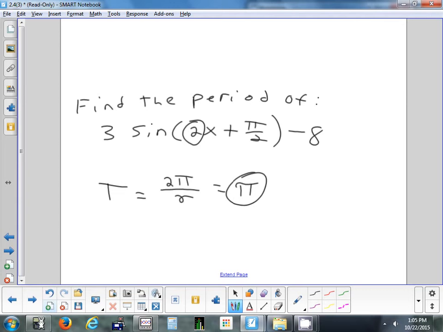What if I did this? What's the period now? It's still pi. That shifts it up and down. That doesn't affect the period. What if I said, what's the amplitude? You'd multiply the y by 3. Okay, if you were going to graph it, but if I just said, write down the amplitude.